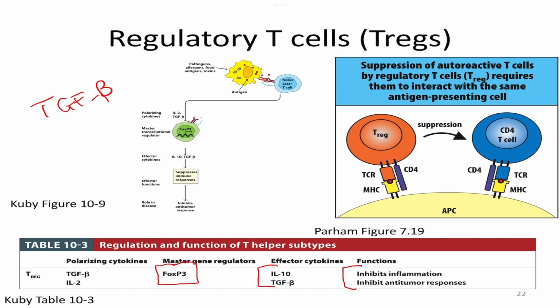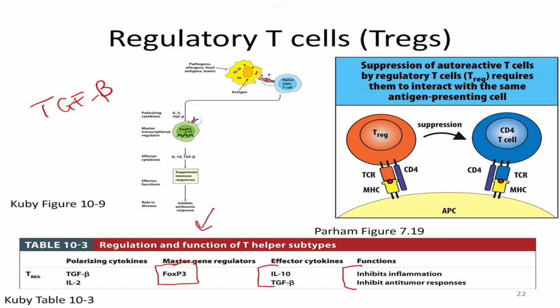You might imagine regulatory T cells are pretty important for things like protecting us from autoimmunity, and are super important in a lot of different immune responses. As I mentioned, there are two different ways we can make Tregs. In both cases, the cell ends up making FOXP3.